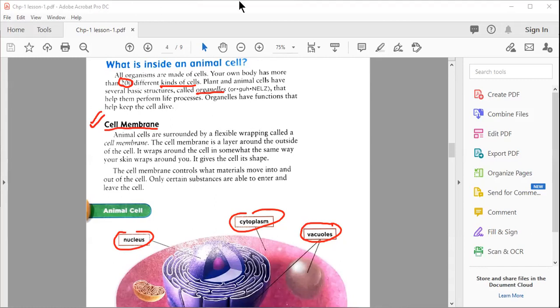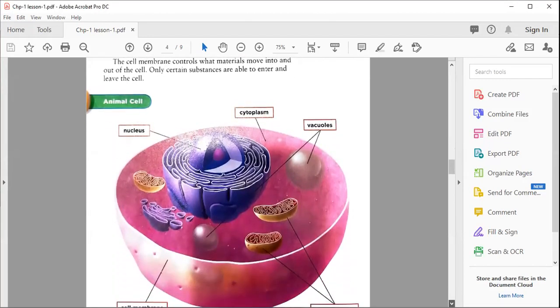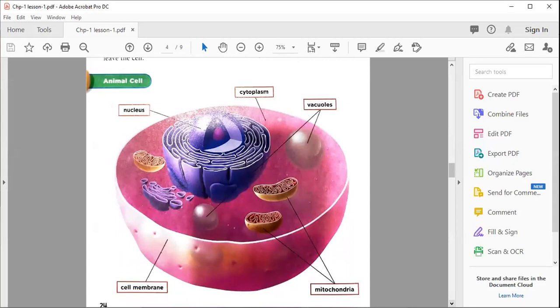In the same way, you can see here at the bottom of this page, this cell is wrapped in a membrane. We call this a cell membrane.